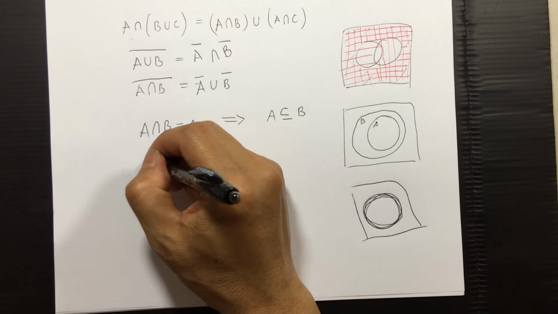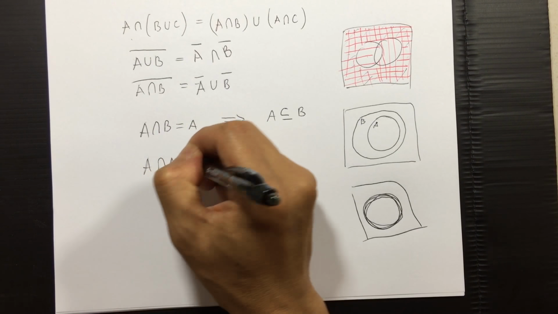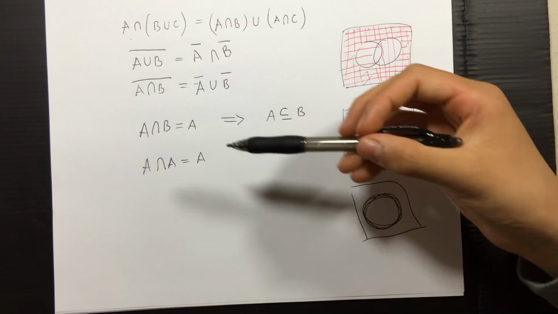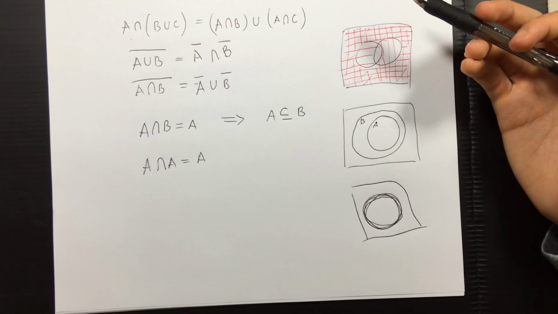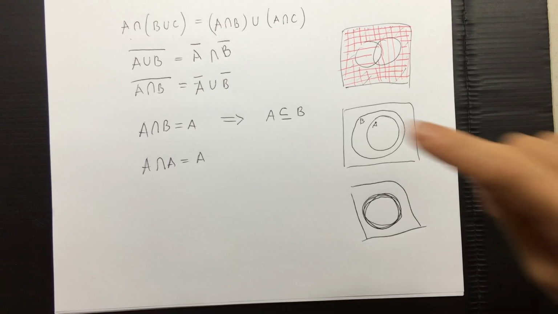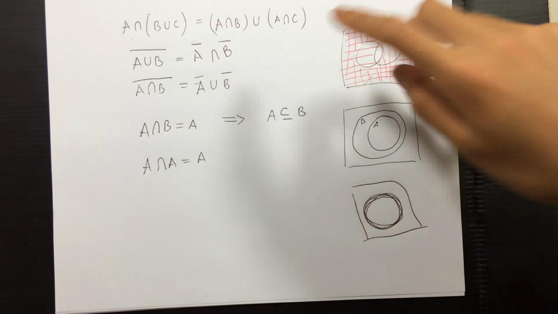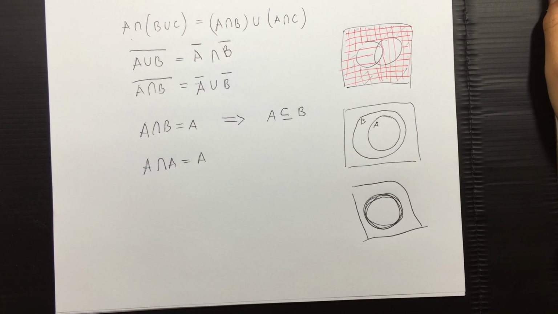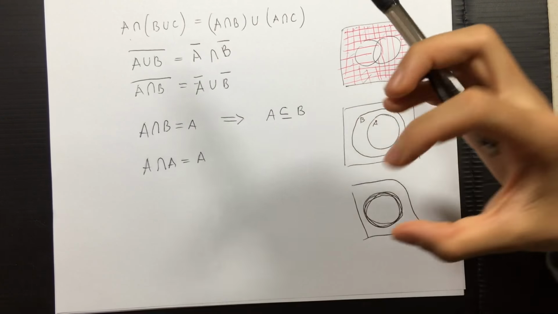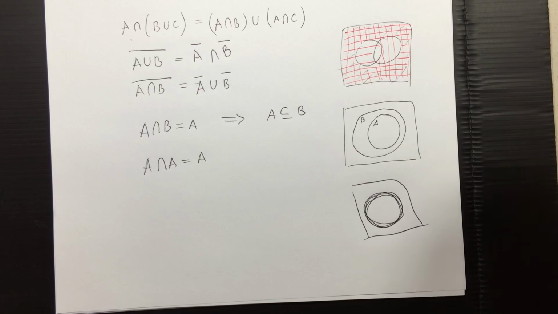You mean A join A, right? That's always true. But I mean, if A intersect B equals A, shouldn't B equal A? Shouldn't the circle B be equal to A?